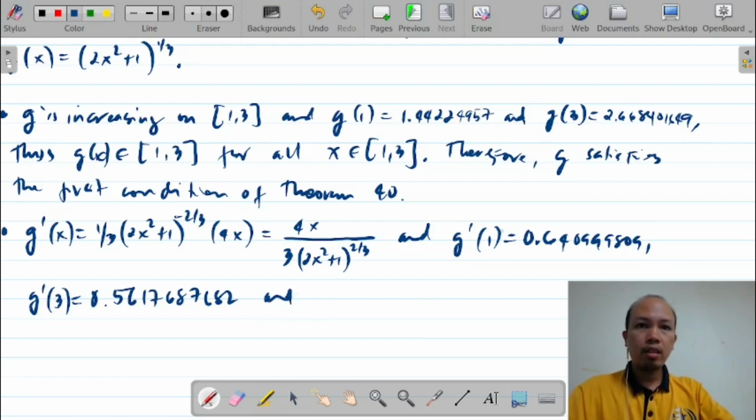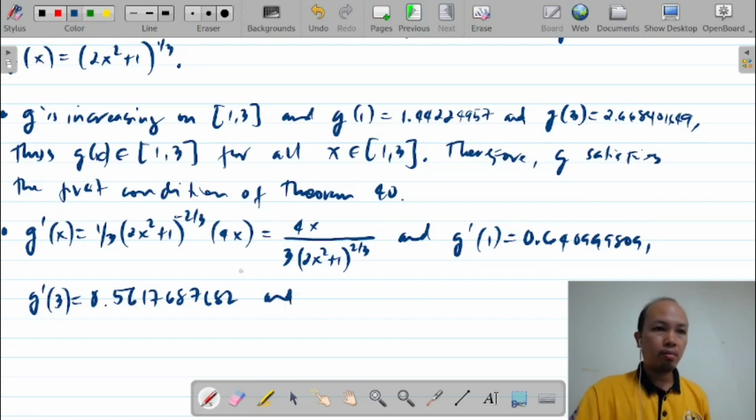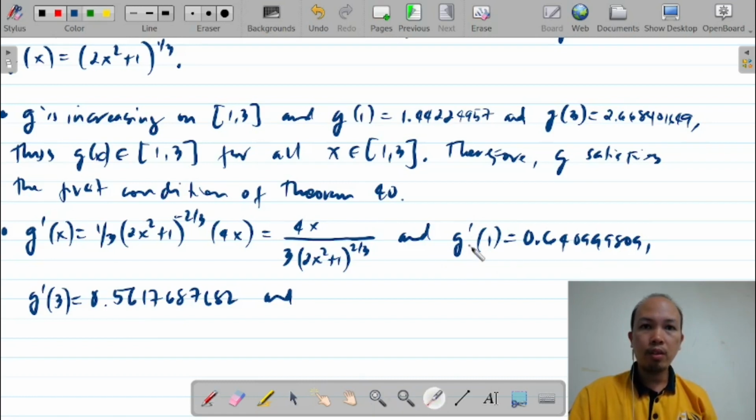And before that, let's graph the derivative first in our Desmos graphing calculator, so that we can decide whether this function value g prime of 1 is the choice for k in remark 41.